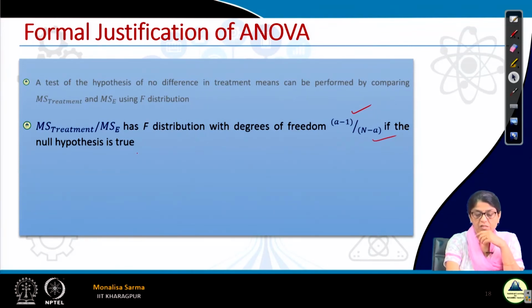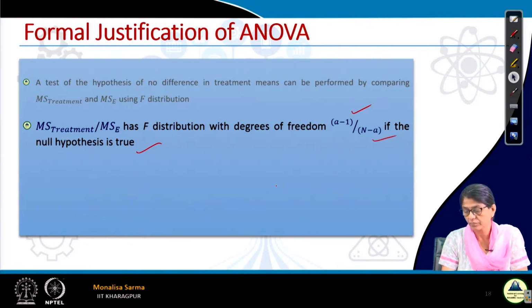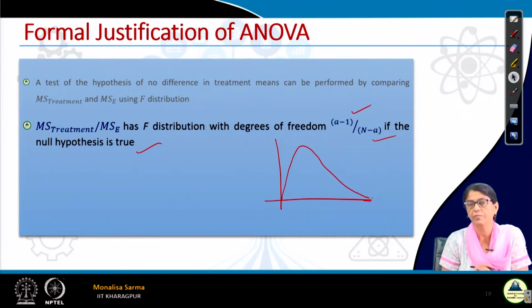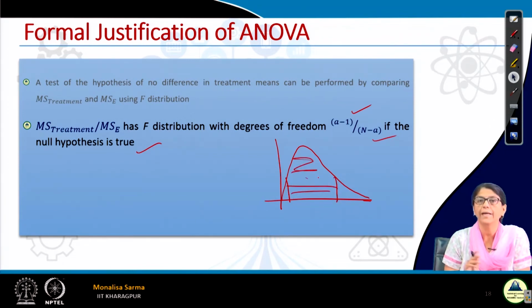So if the null hypothesis is true, then MS treatment by MSE will have an F distribution. Remember the F distribution is something of this sort. F distribution means it will be in the acceptable range.